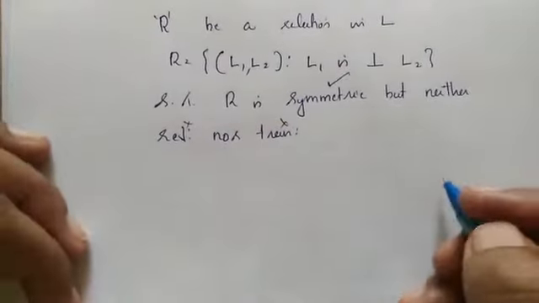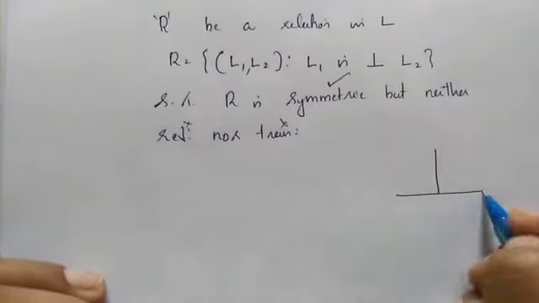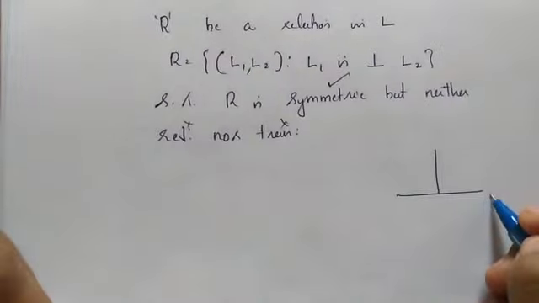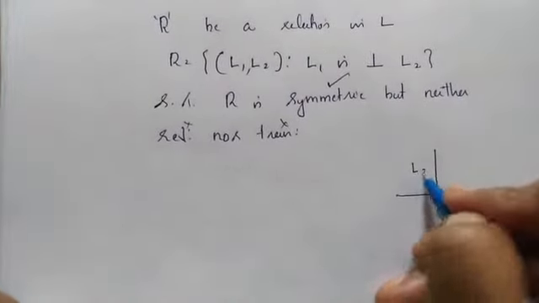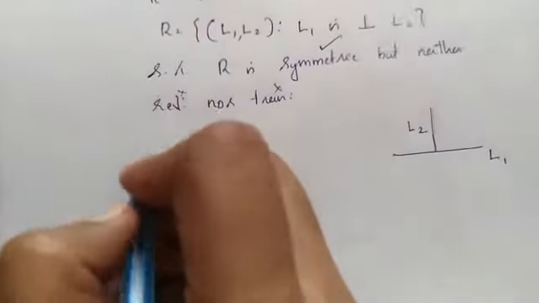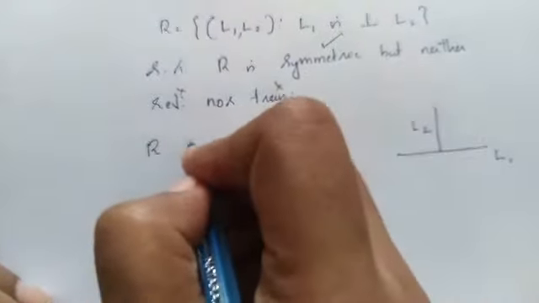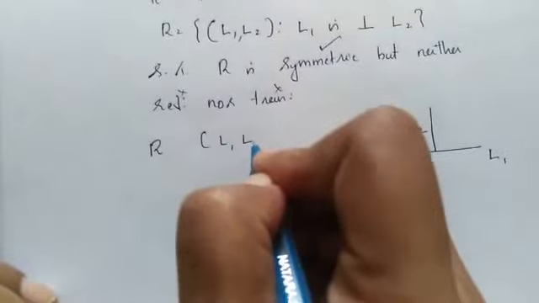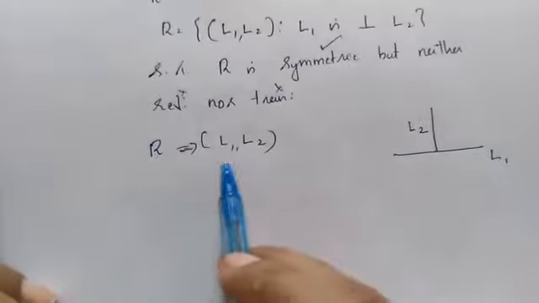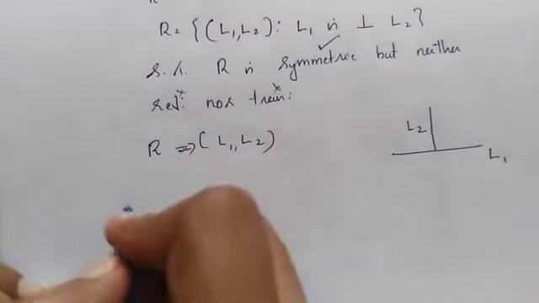Let's draw the figure. Consider this as L1 and this as L2. According to the relation, R = (L1, L2), where L1 is perpendicular to L2.